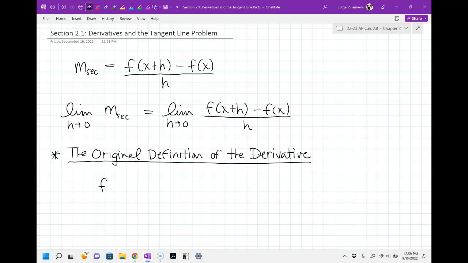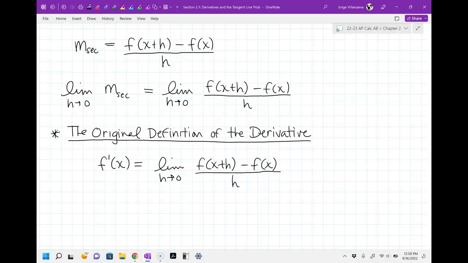It's going to be f prime of x, and I'll write more about that in a bit, but we say that's f prime of x, that means you take a derivative of the original function, is the limit as h approaches 0 of f of x plus h minus f of x over h.